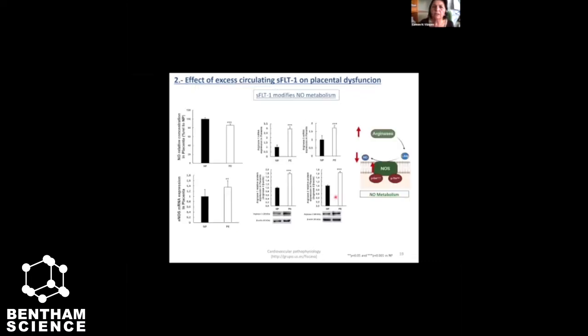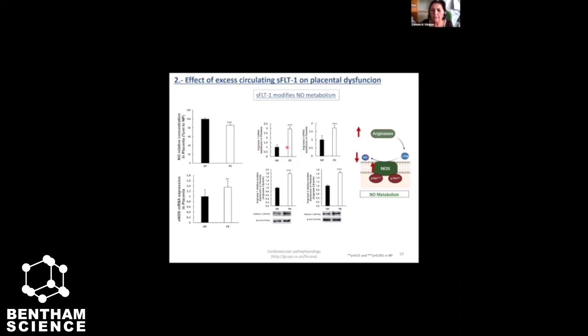According to nitric oxide metabolism, we found a decrease in the concentration of nitric oxide in placenta from preeclamptic animals, and this result may be due to an increase in the gene expression and protein expression observed in the enzymes arginase 1 and 2.